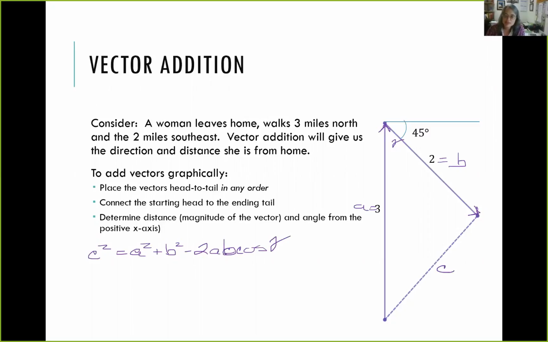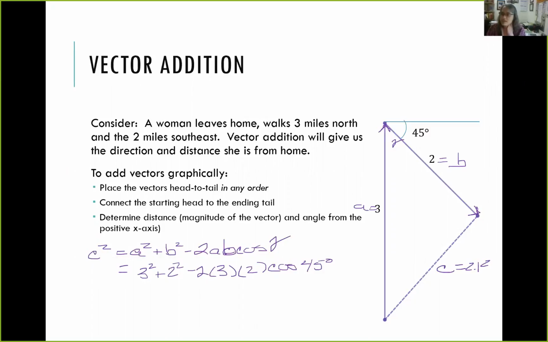So plug those in and we get c squared equals 3 squared plus 2 squared minus 2 times 3 times 2 times the cosine of, now this external angle is 45, so that means this internal angle is also 45 degrees. Solve this and we get that c equals 2.12 miles, right?